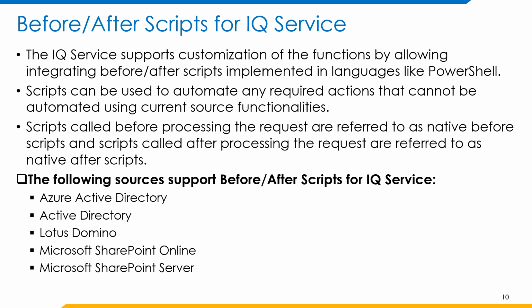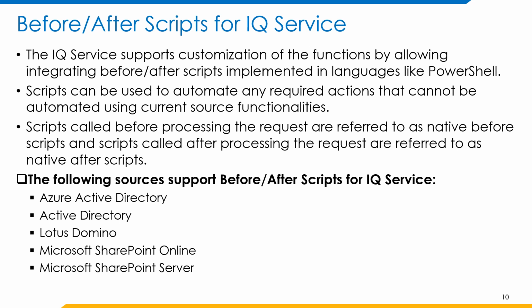Any required tasks that can be automated with the current source's functionalities can be automated with scripts. Native before scripts are scripts that are called before the request is processed. Native after scripts are the scripts that are called after the request is processed.